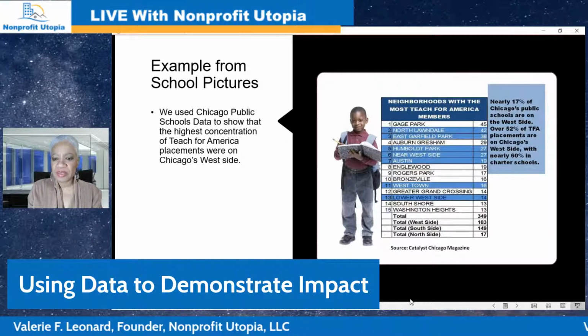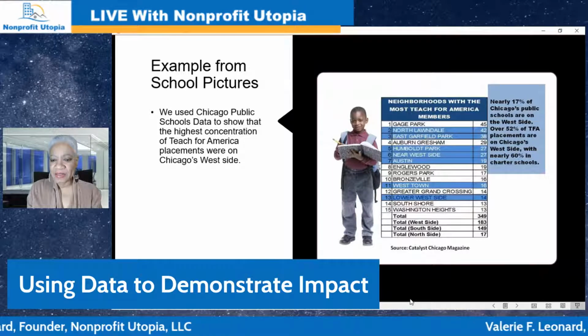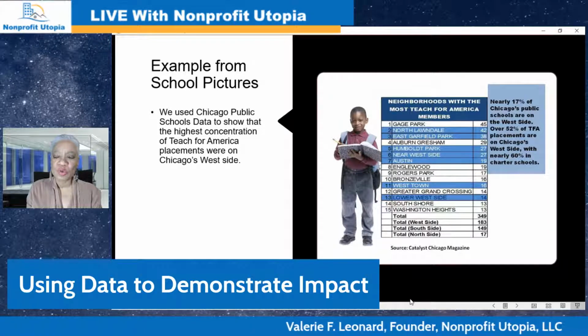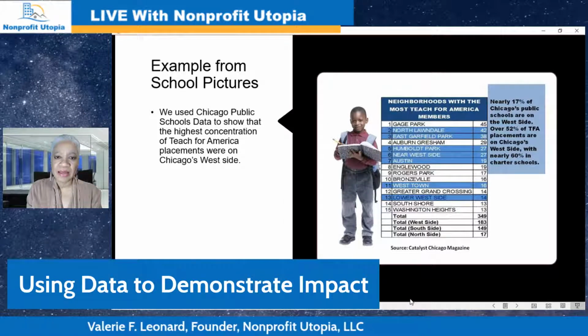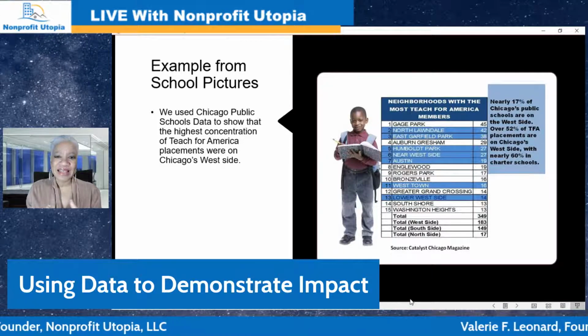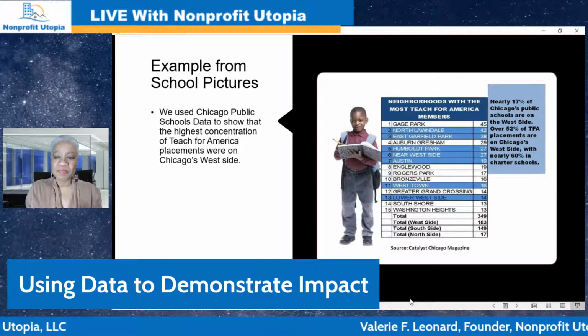If you notice the areas that are highlighted, those are west side communities. So we were able to use the raw data that were given out by Chicago Public Schools, and mind you, it wasn't in this neat form, right?